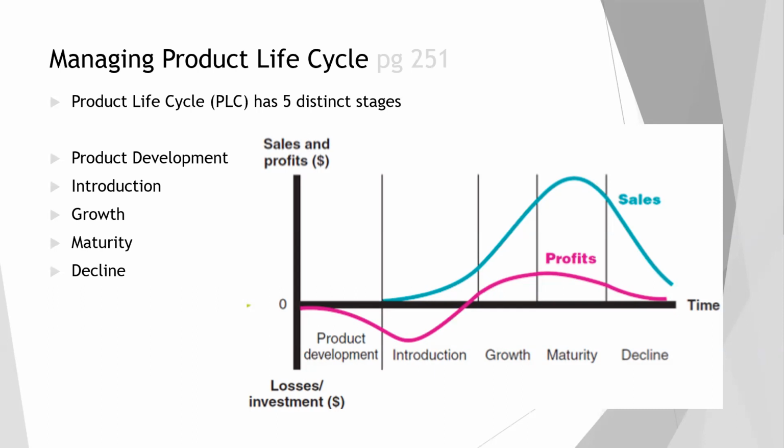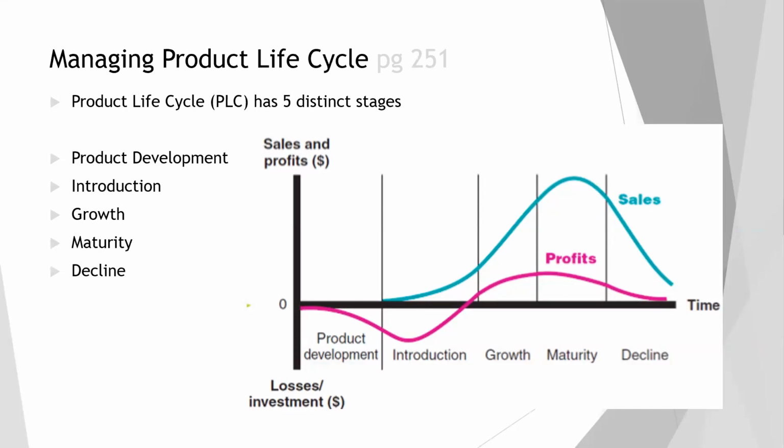You can see the sales and the profits and what those look like for each stage of the product life cycle. Our first stage is product development, our second is introduction, our third is growth, our fourth is maturity, and our fifth and final stage is decline. And we're going to talk about each of these in more detail next.